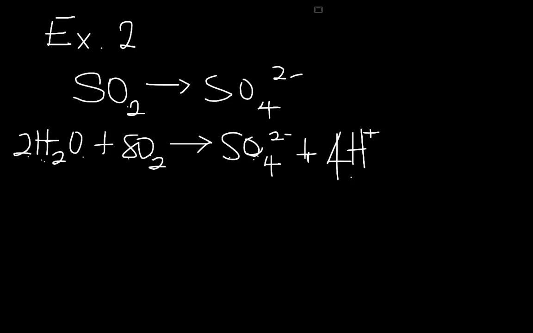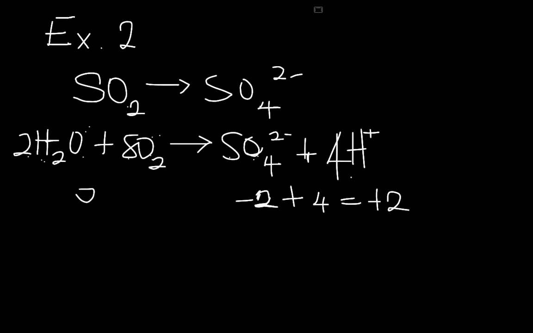So we need to balance this charge. On this side we have a net charge of 0, right? There is no charge here, so we have a net charge of 0 on this side. While on this side we have -2 plus 4, so we have a net charge of +2.